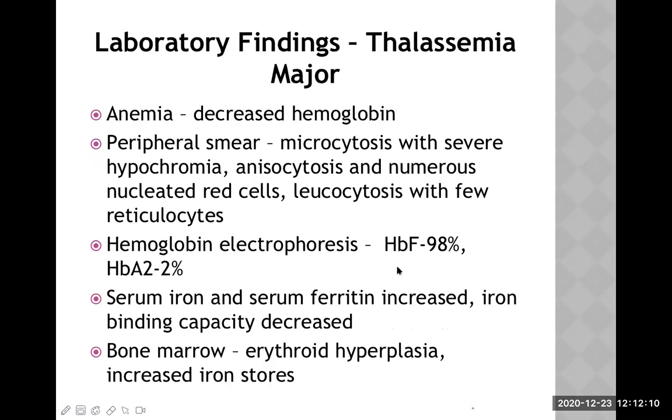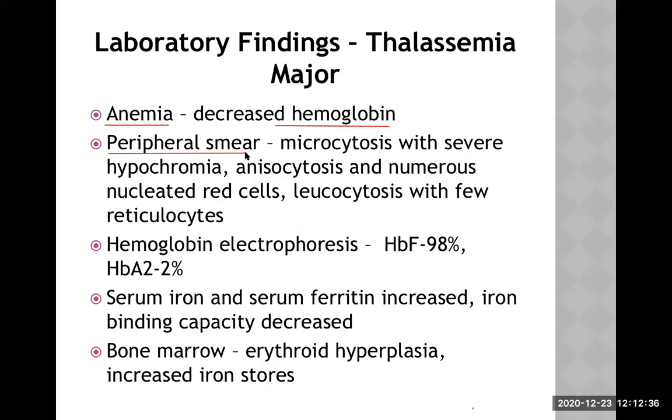Now, what are the lab findings of thalassemia major or beta thalassemia major? Another important part of this lecture. Regarding the lab findings, first you go for CBC, and CBC will show you anemia because of decreased hemoglobin. There's no doubt about it. This anemia is usually a very severe type of anemia.